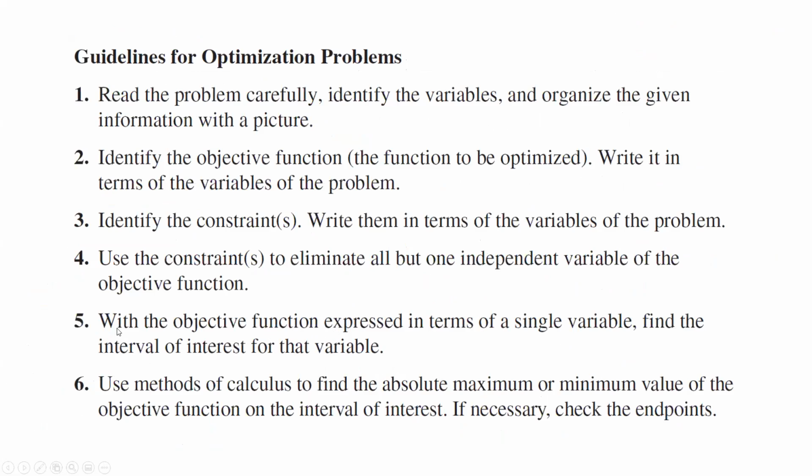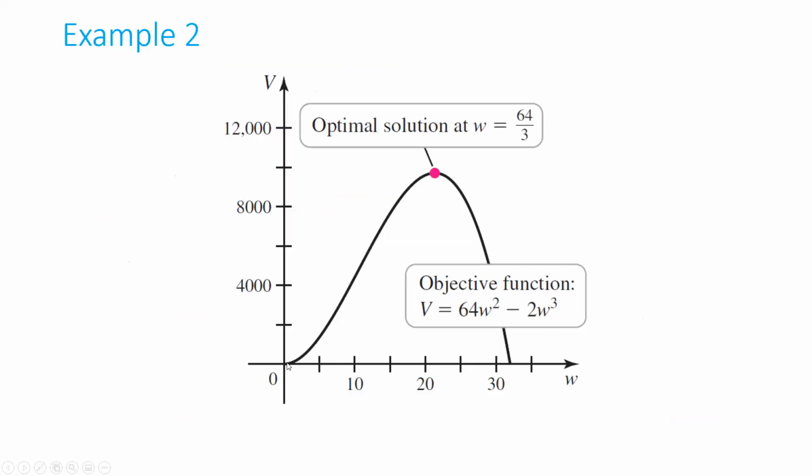And then once we've got the objective function in terms of a single variable, we just use our calculus methods to take the derivative, set it equal to 0 to find our critical points, and then verify that whatever critical points we solve are either the maximum or minimum value that we're looking for. It might be necessary sometimes to check the endpoints, but in the last example, that was not necessary because we knew those would be the points where the volume would be 0.